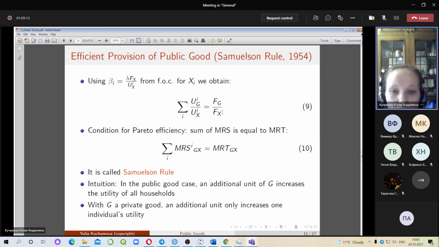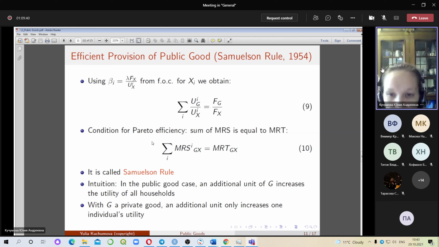Again we know how we can rewrite this. It is the sum of the marginal rates of substitution of good g with respect to good x equal to the marginal rate of transformation. This is now the condition for Pareto efficiency when we talk about a public good, and the difference is exactly this sum.